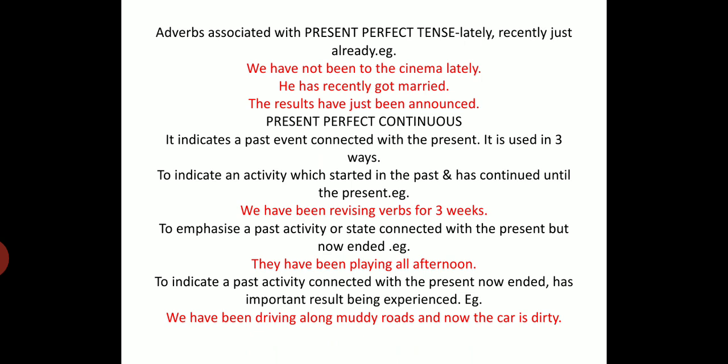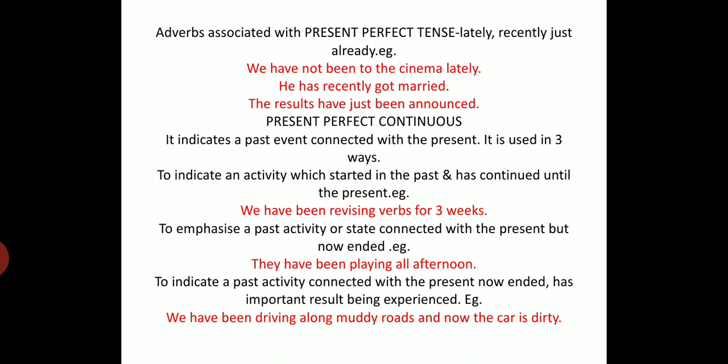Alright, now we come to the last form, and that is present perfect continuous. It indicates a past event connected with the present. Alright, so this is the difference between the present perfect and the present perfect continuous. Present perfect indicates something which happened but not the exact time.